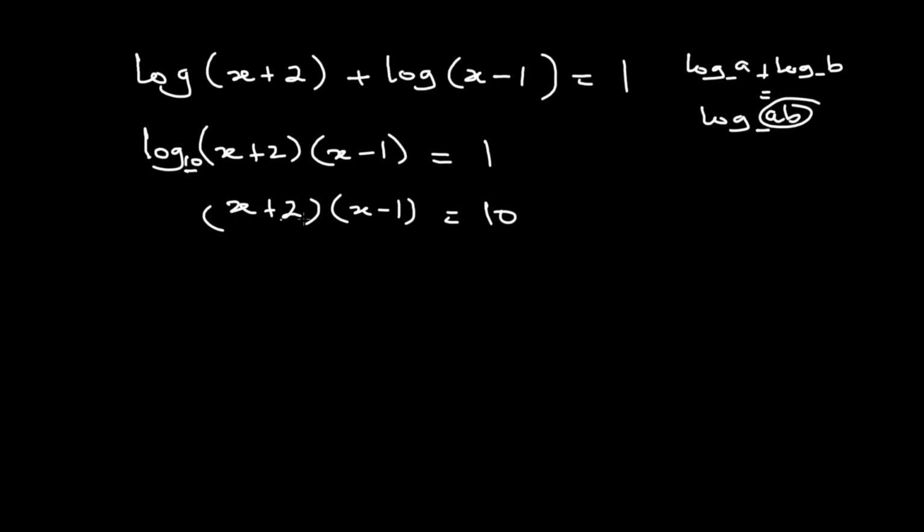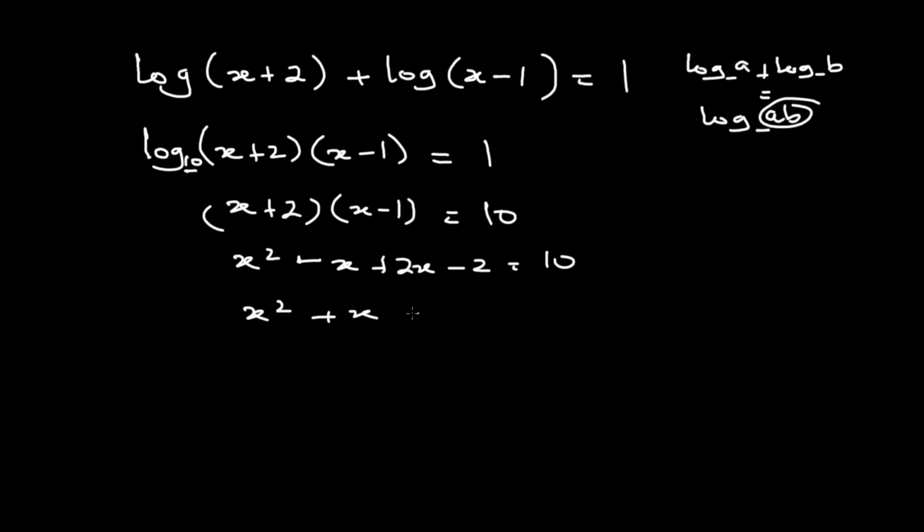Okay, and then now what we're going to do is to expand this, and the expansion of this is x squared minus x, this is plus 2x, then this is minus 2 equals 10. Okay, I think you should be able to remember how we were doing this.